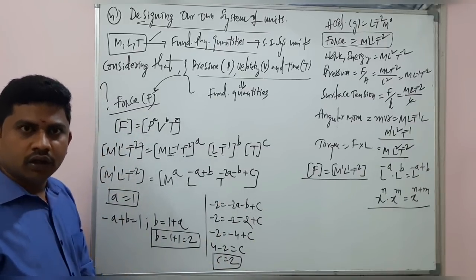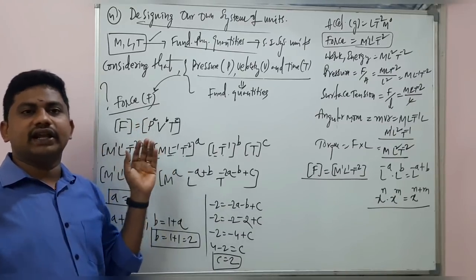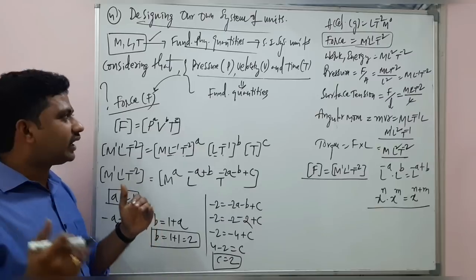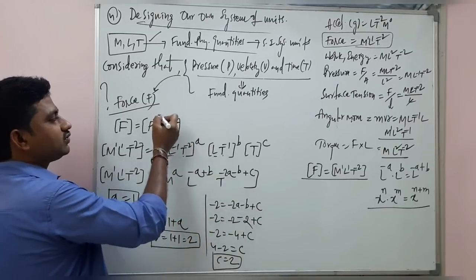Okay. Why are we doing this a, b, c finding? Tell me. Just to identify the dimensions. So finally, these a, b, c values you substitute here.